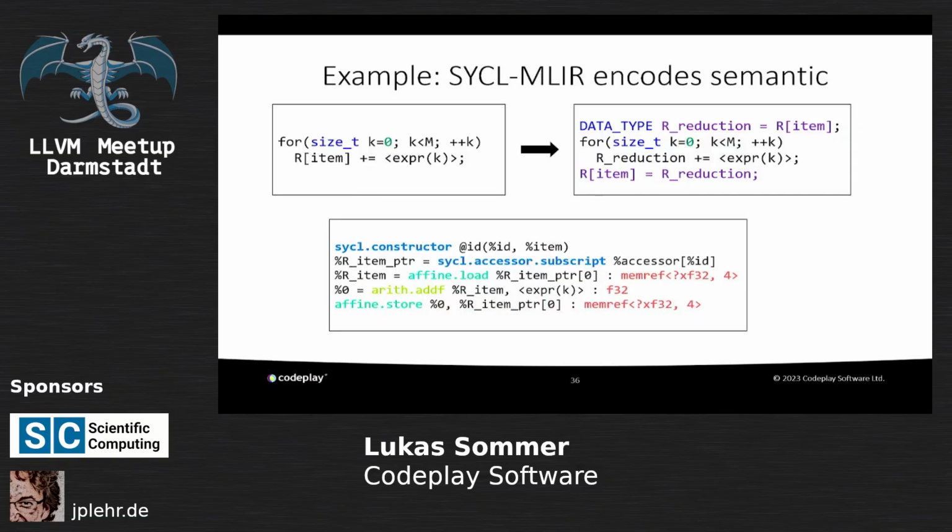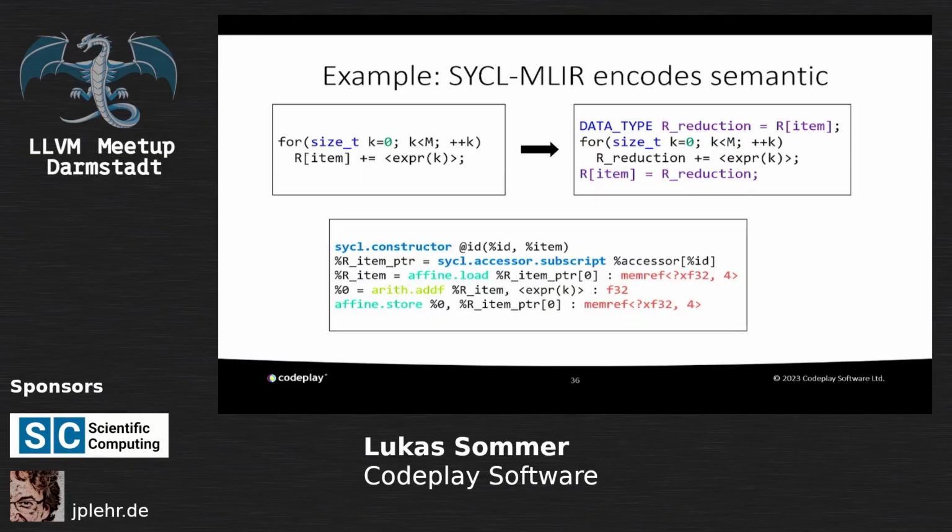It turns out we can. So we have a SYCL constructor for our ID, so for this bit here. We have an MLIR operation for the subscript operation on our accessor. So we have the accessor and we have the ID that we use to access it. And we have the load, we have the add, and we have the store.